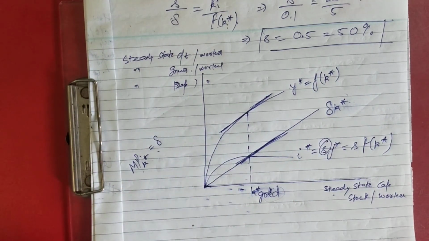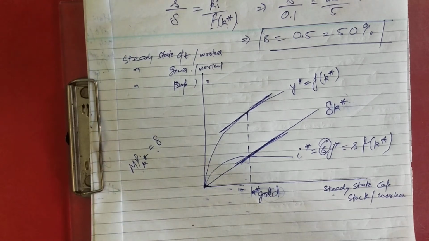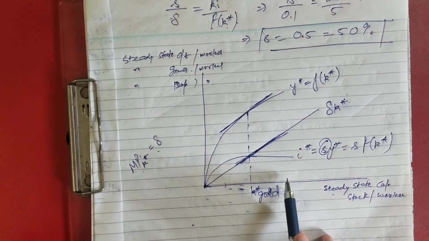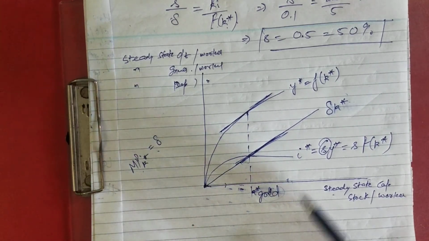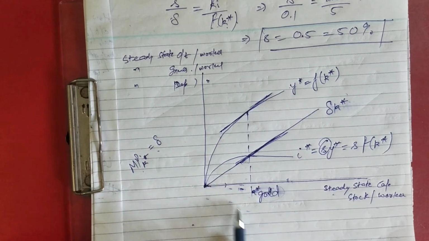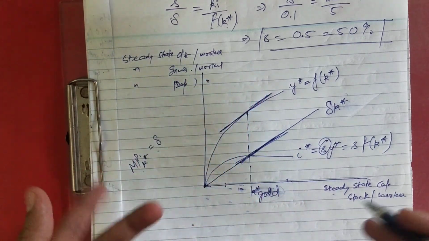So this was all for today's class. In the next class we will see how there will be transition to the golden rule steady state, whether we are starting with too much capital or with less capital. We will see how the economy adjusts and comes back to that point, or what happens if we change it, what the effects are on y star, c star and i star.